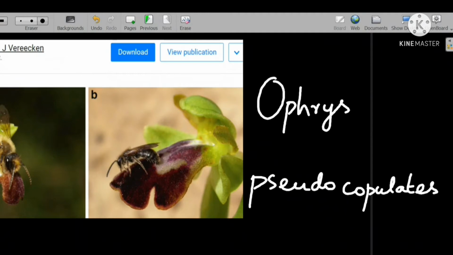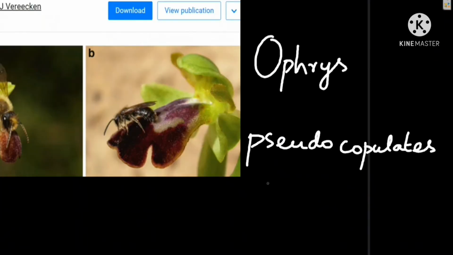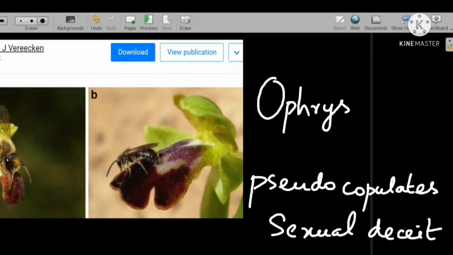In this case, the honeybee is being cheated, so it's also called sexual deceit. But the flower gets the benefit in this case. Since the bee visits the petals and has access to the pollen grains here, the flower gets pollinated. But the bee gets no benefit.